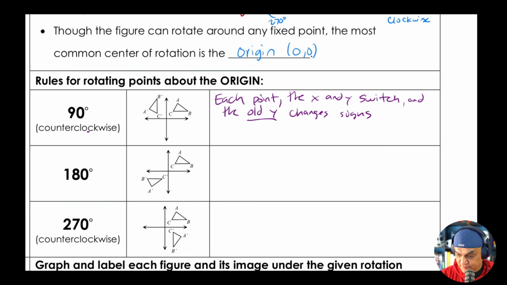Okay, let me write that a little neater. It's a little chicken scratchy. I'm sorry. So I'm going to say this again. How can we say this? Each point.